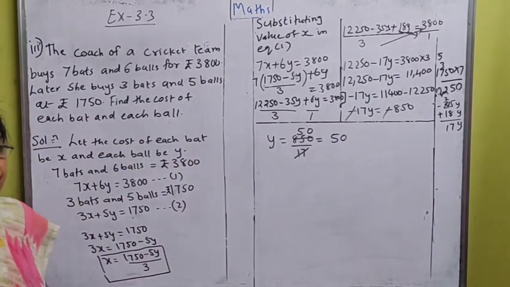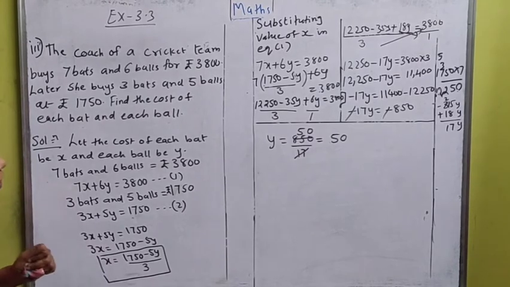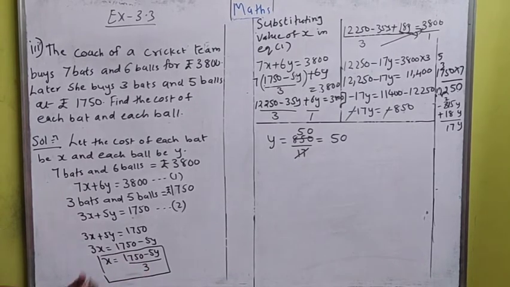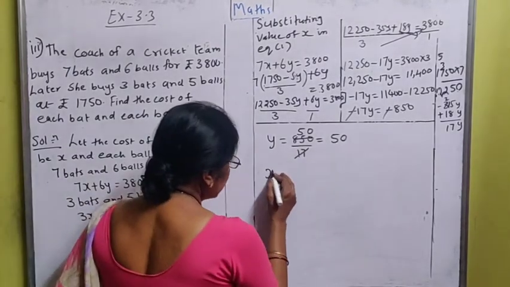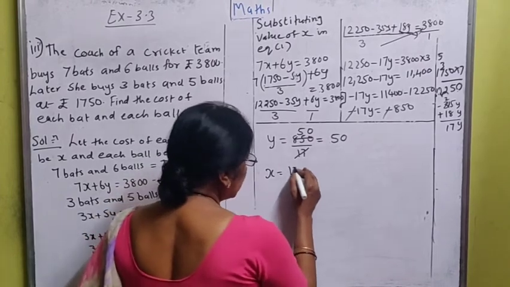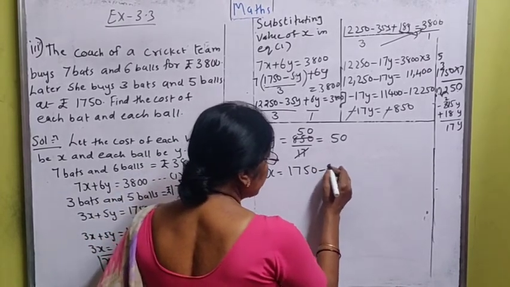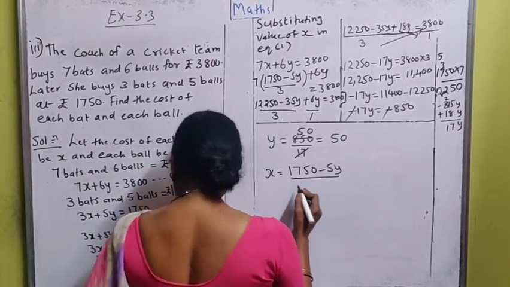But now we have to find the value of x. So what will we take? x is equal to (1750 minus 5y) by 3. So this equation we will take. So x is equal to 1750 minus 5y divided by 3.